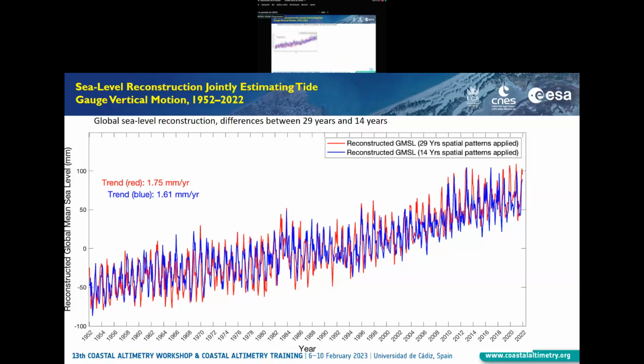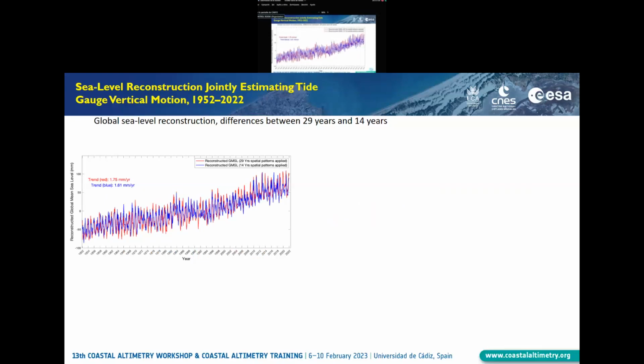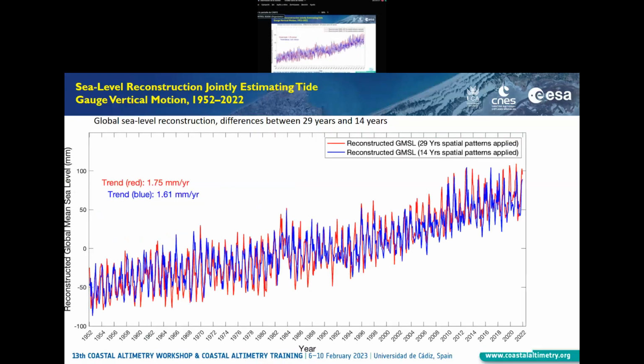Actually, they are longer versions of tide gauge. So we just do an experiment also, like we use roughly half of the altimeter data in the reconstruction. So just want to see its effect. So its effect actually is sort of tremendous. It's 14 years.